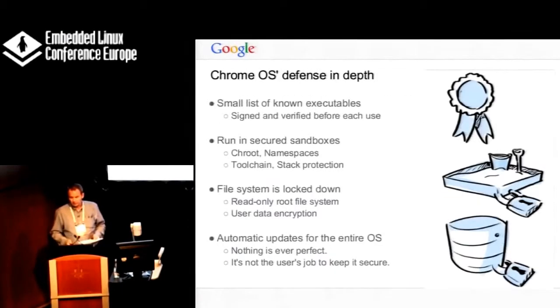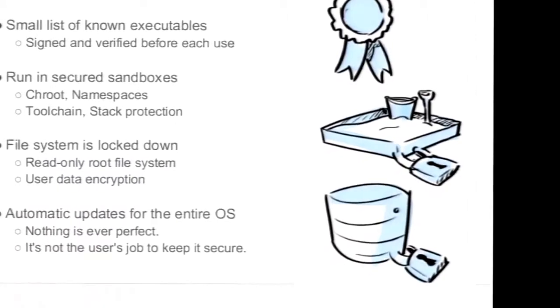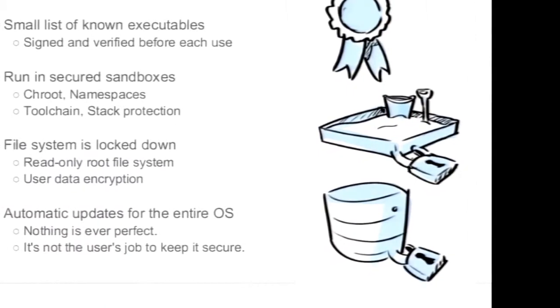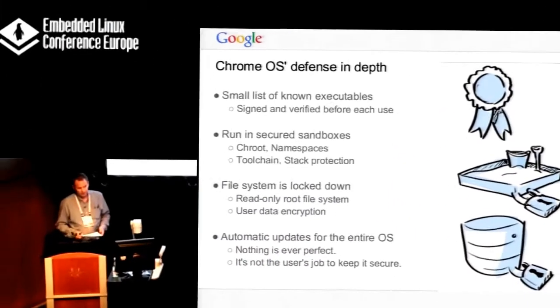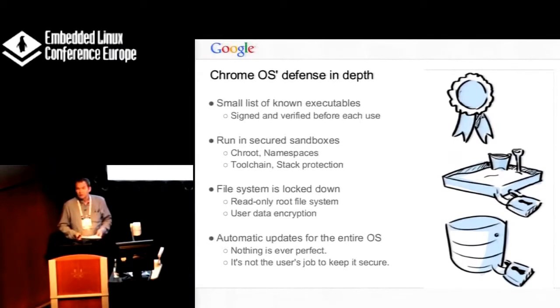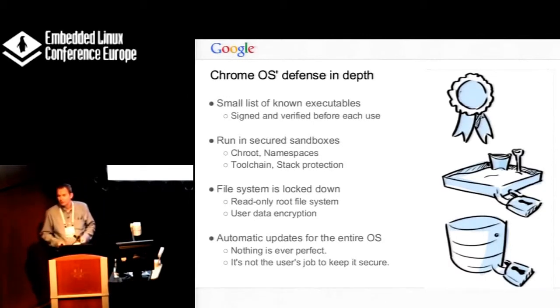So that's essentially the security model. And there are a number of interesting things that help make Chrome OS more secure. One is that there is a read-only root file system, which is cryptographically signed, and we know that it cannot change out in the field. And we also have the ability to update it. So when we do discover a problem, we can update Chrome OS or the firmware.